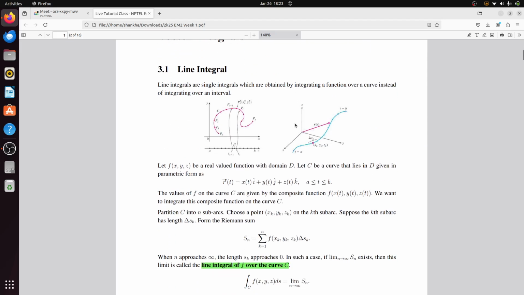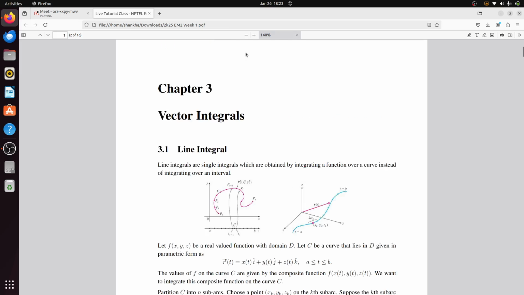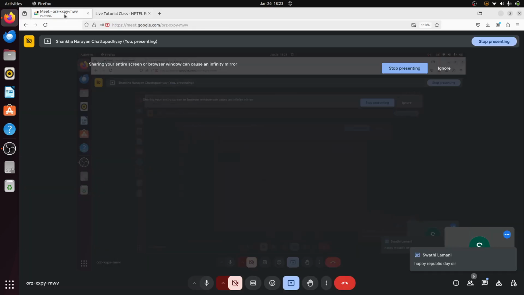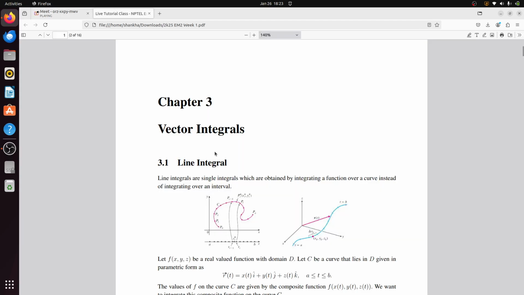In today's class, first we will discuss line integrals in vector calculus. In the Engineering Mathematics 2 course you have a few topics like calculus and complex analysis.